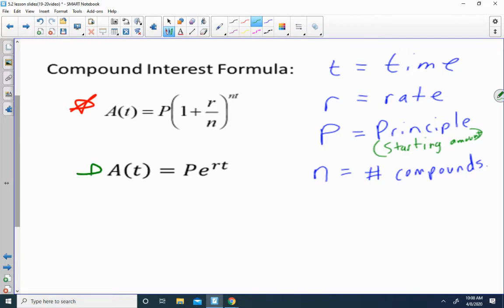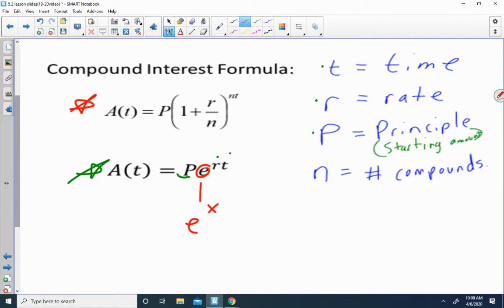The second one is a special type of compound interest formula that we like to call PERT. And, well, of course, the P is still the principal, the R is still the rate, and the T is, well, still time. But the E is actually the e to the x function.